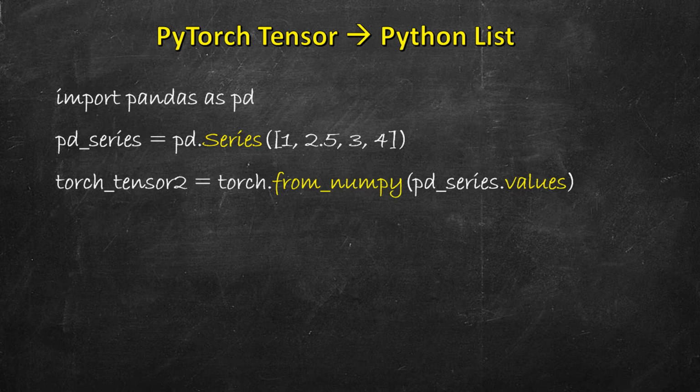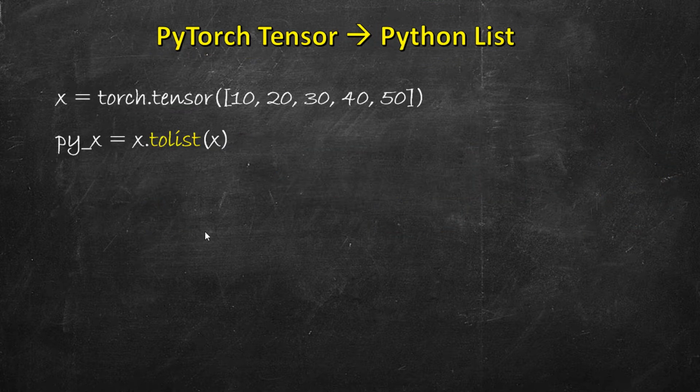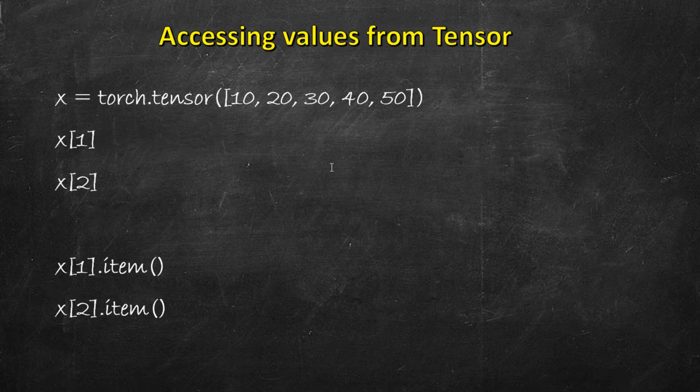Next, let's say we want to work with plain Python lists instead of PyTorch tensors. We can do that also. If we want to convert a tensor to a Python list, we use the tolist function. This is a PyTorch tensor as usual, you just need to call tolist, and we will also see an example of this. And finally, let's see how to access individual values from tensors.